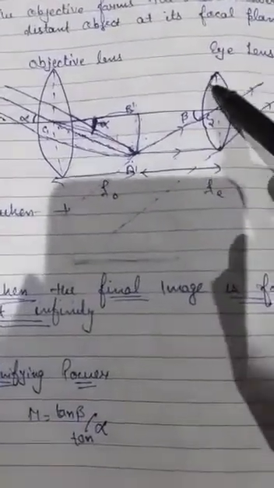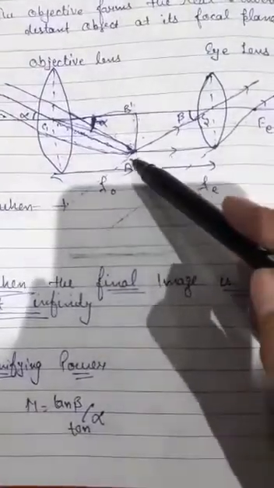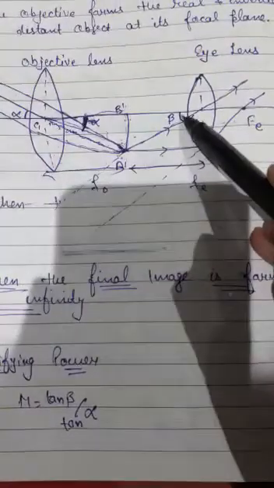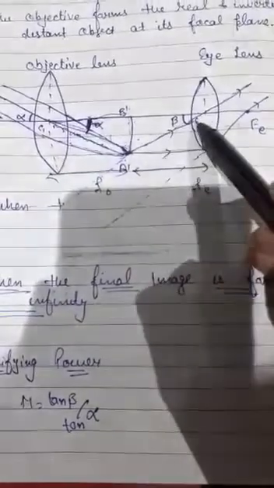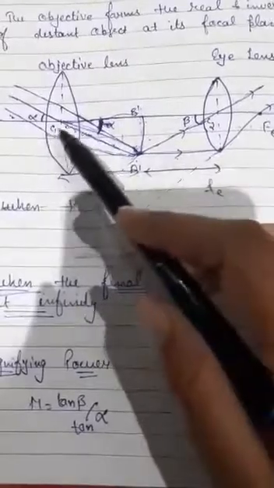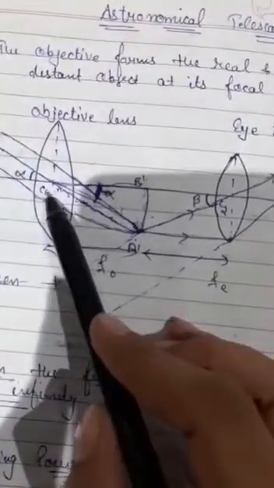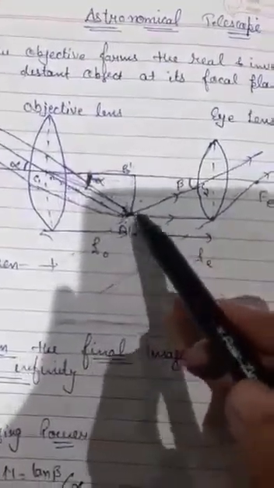Now where is beta located and where is alpha? Beta is over here, so to calculate tan beta I can take the triangle A dash B dash C2, and for calculating alpha I can take A dash B dash C1. From the right angle triangle C1 A dash B dash, tan alpha: as we know, tan is equal to perpendicular upon base.